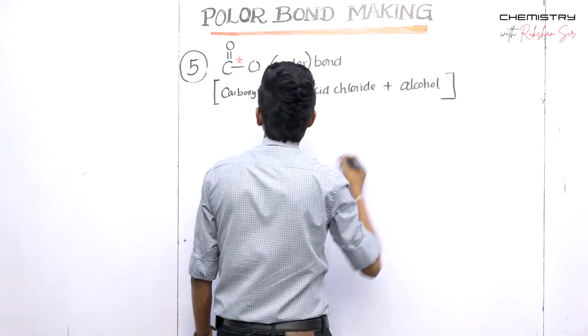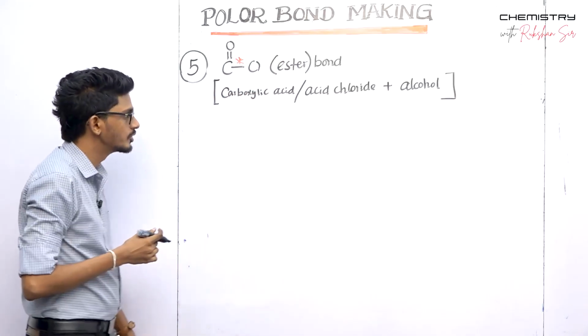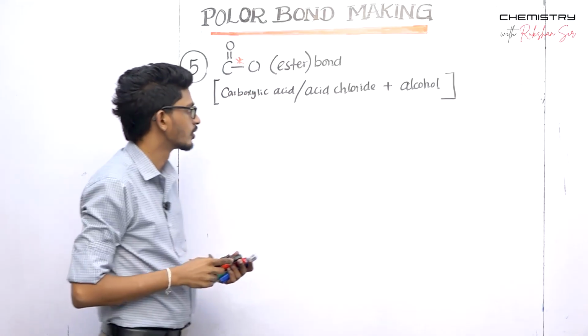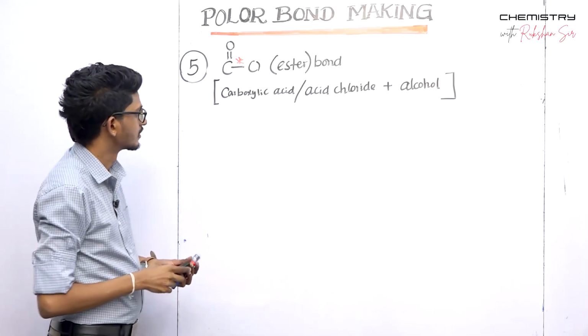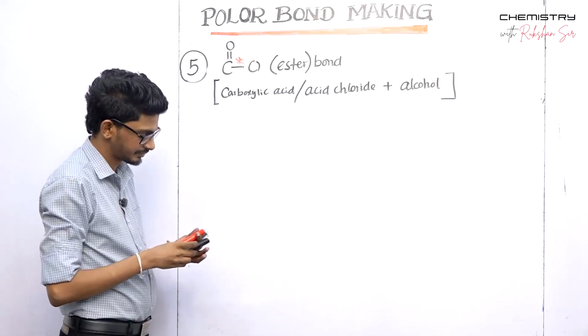So if an alcohol is used with a carboxylic acid or acid chloride, you can come up with an ester, or the ester bond.